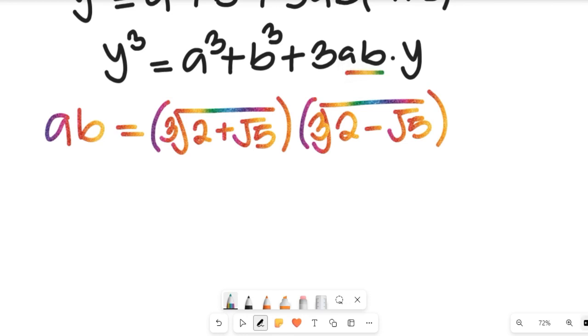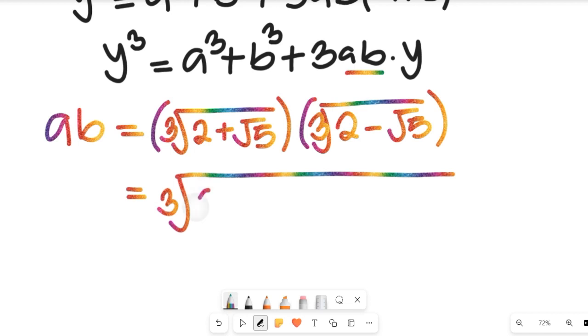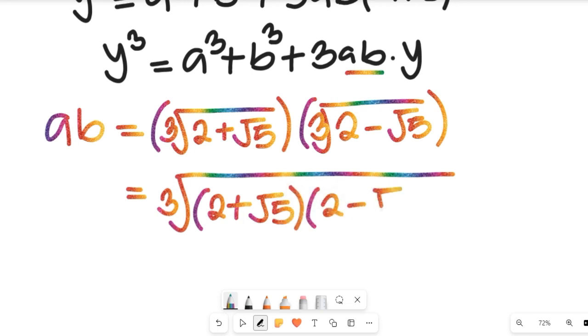If I multiply these two expressions, I should be able to get my ab. Both of them are carrying cube roots, so this will be the cube root of (2 plus the square root of 5) times (2 minus the square root of 5).